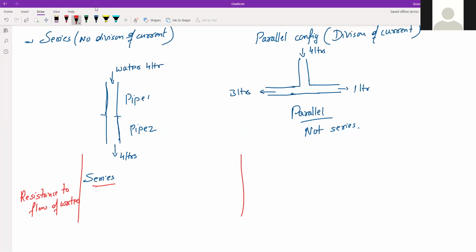So this resistance is getting added up, the opposition by the pipe to the flow of water is increased. But in the second case, there is traffic from this direction and it got diverted in two different directions. So obviously the opposition to that traffic is now decreased. So we say that in this case the resistance or opposition to flow is decreased.